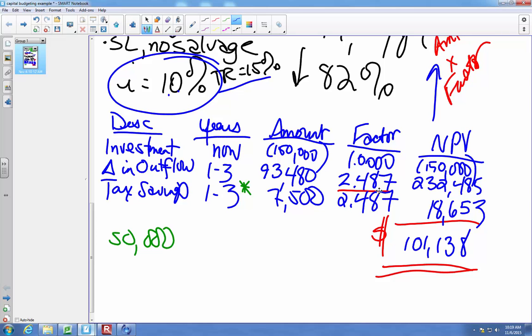So let's go back full circle now to what we're actually talking about, which is that capital budgeting can be used to do quite a few things, can't it? It can just be used to do a straight up, do I accept it or not accept it? In this case, obviously, you accept it. The number's greater than 0.